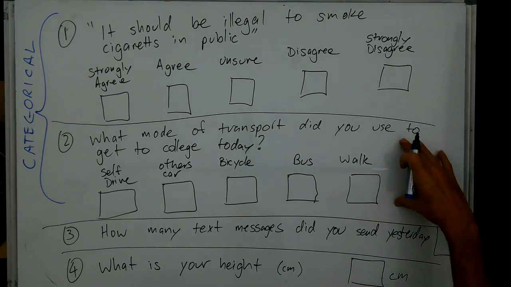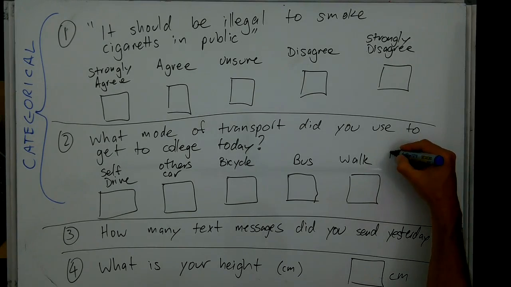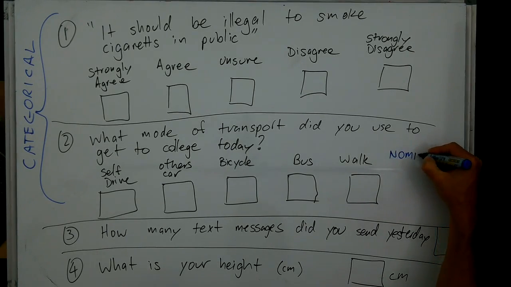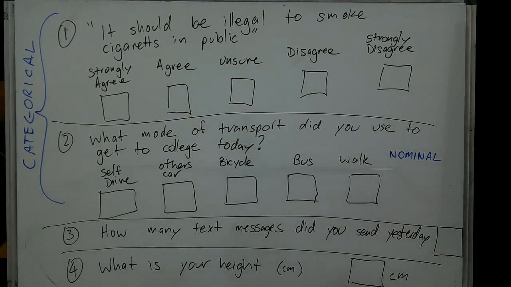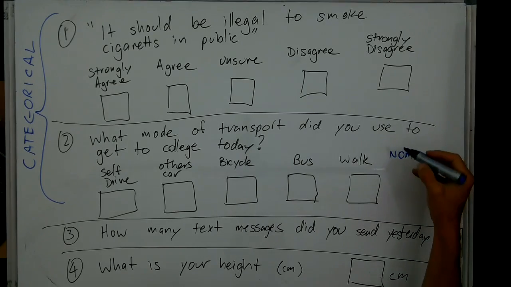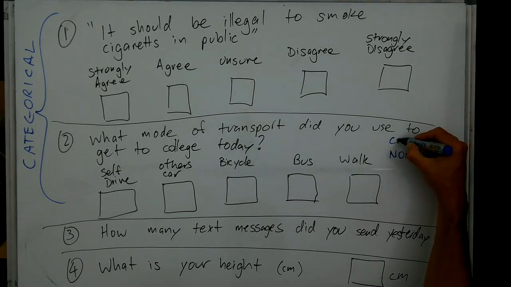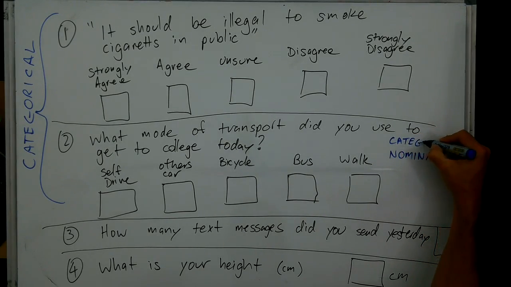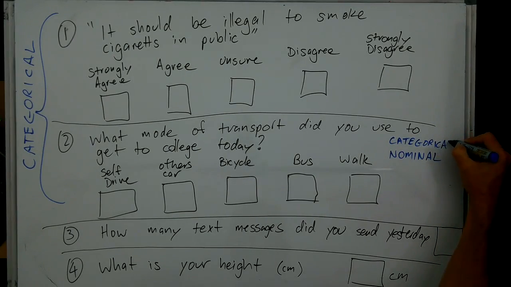So question 2 is nominal. If you're asked what sort of data is question 2, you would say categorical, nominal.